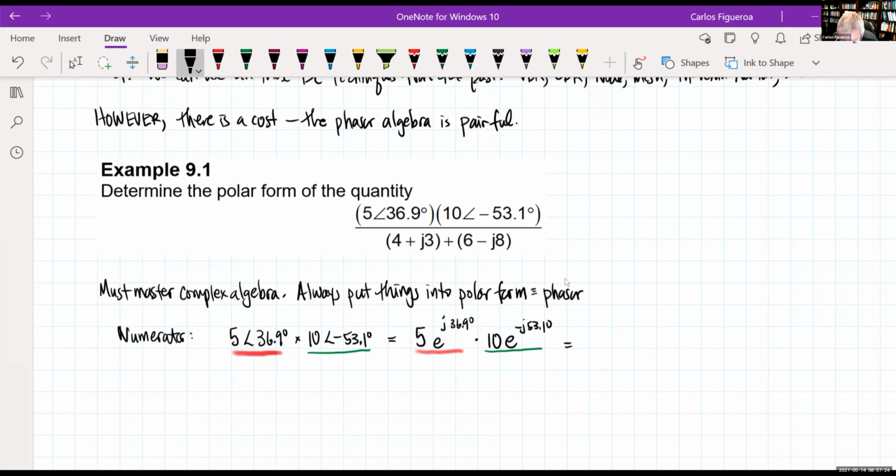So I get 50 e to the j, 36.9 minus 53.1 degrees. At the end, I get 50 with a negative angle, minus j 16.2 degrees. Not too bad. But let's look at the denominator.